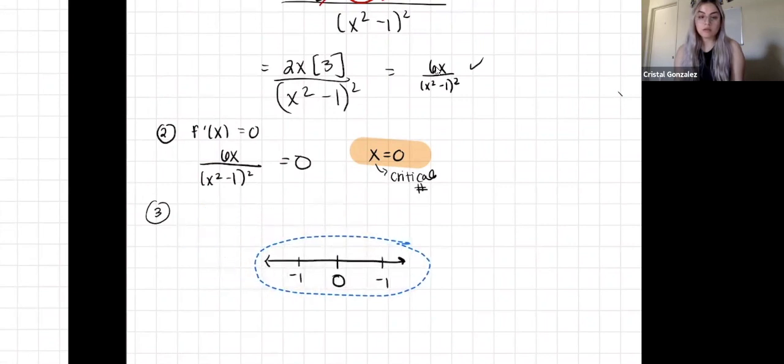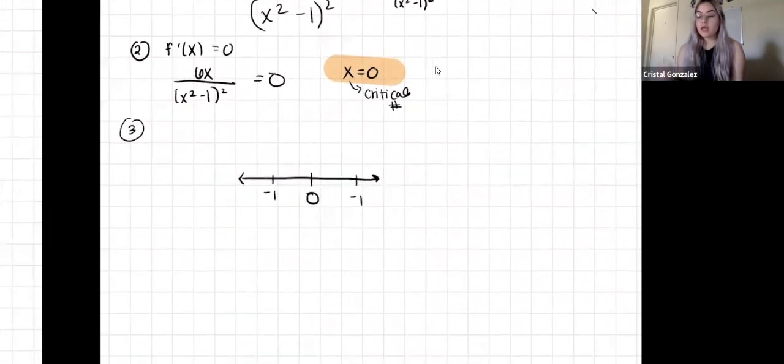Let me move this over a little bit so we can get a little bit more space. And then remember that we always test at our derivative. So we want to test here, and here, here, and here. So we are testing our derivative to see if our derivative is negative or positive. Okay, perfect.